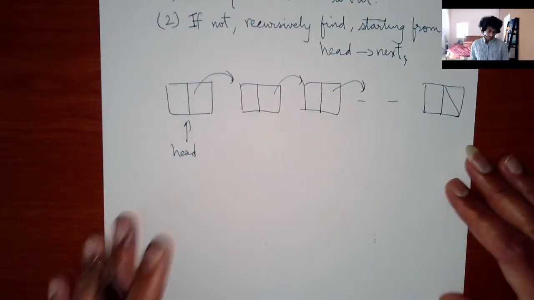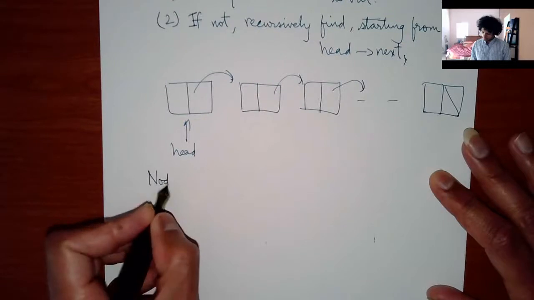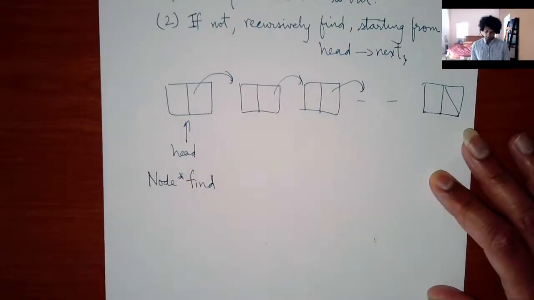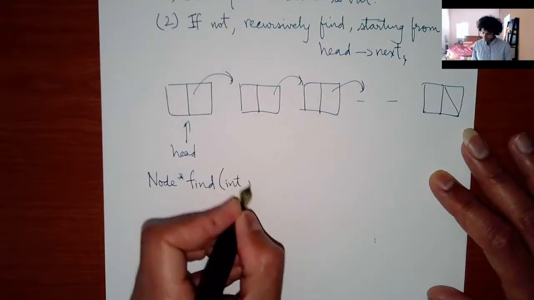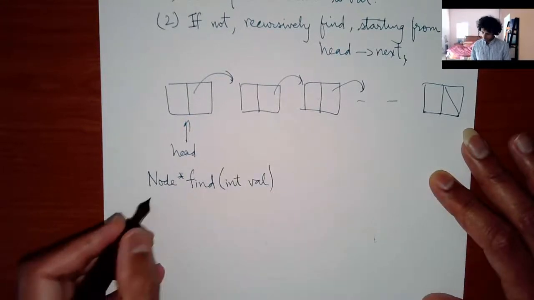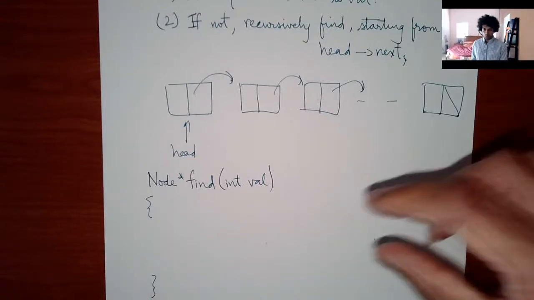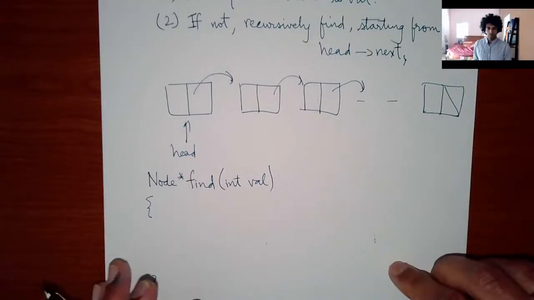Okay, so remember, I'm going to define my find procedure here. So I need to find val. Now this is going to be my basic procedure. I'm going to define a recursive one, and then I'll come back to this procedure.